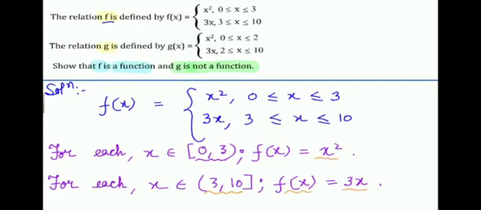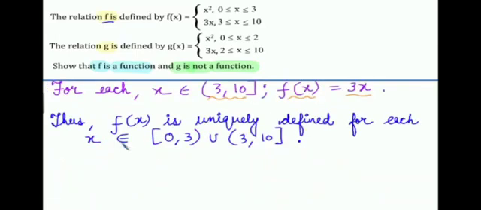So here the function is called a conditional function. The function is defined for each x where x belongs to 0 to 3 union 3 to 10. That means your x is defined from 0 to 10, but between 0 to 3 your function is x square, and between 3 to 10 your function is 3x.